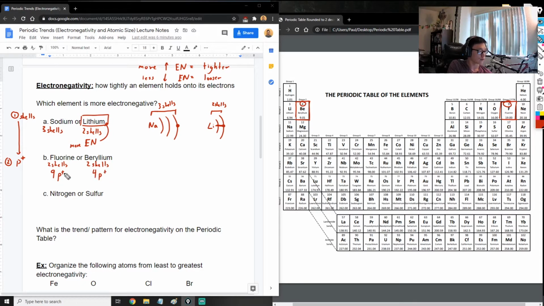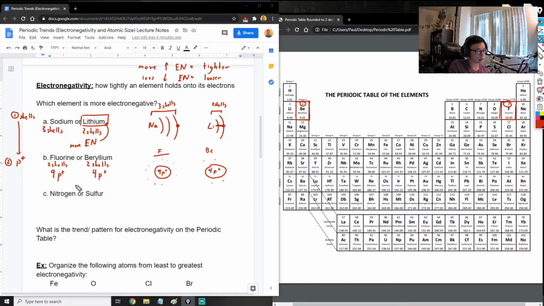So if I drew a small picture of fluorine, I would have 9 protons in the middle, and then I would have the electrons flying around. With beryllium, I would draw 4 protons in the middle, and I would have the electrons flying around that.